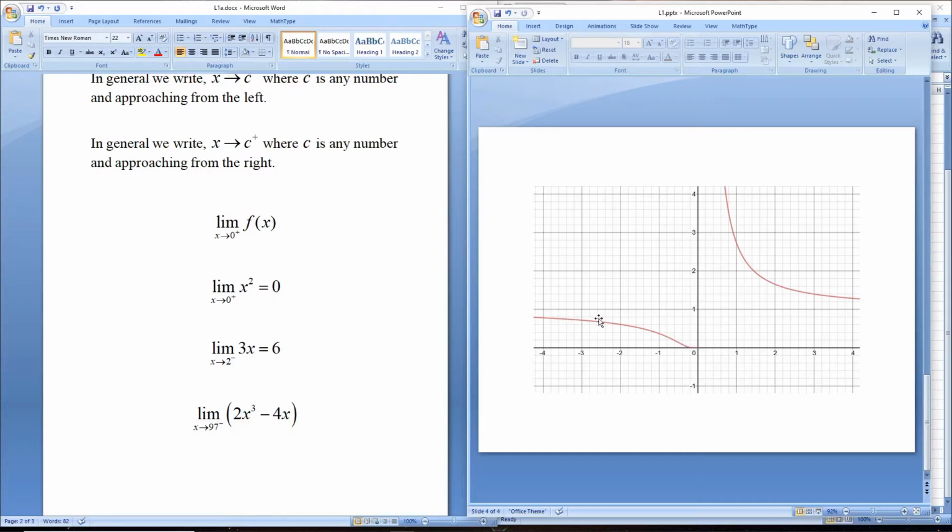So our limit from the left is 0. However, if we approach 0 from the right, now look what the function is doing. From the right, the function is blowing up to infinity. And so the left and the right limits do not equal.